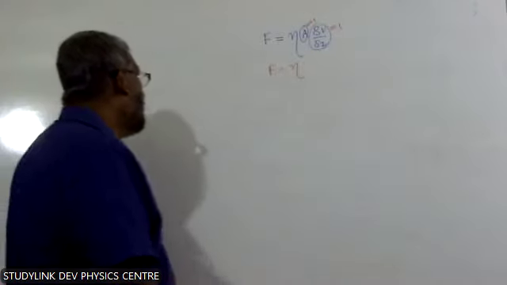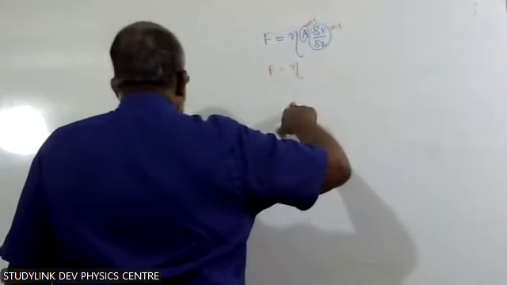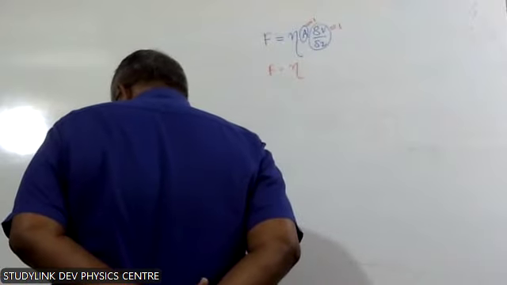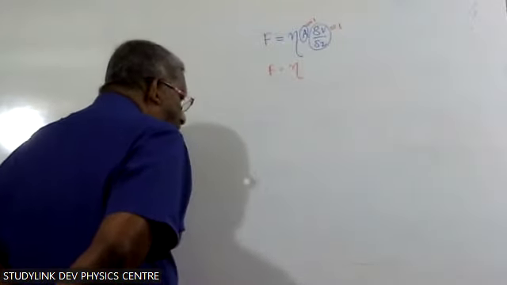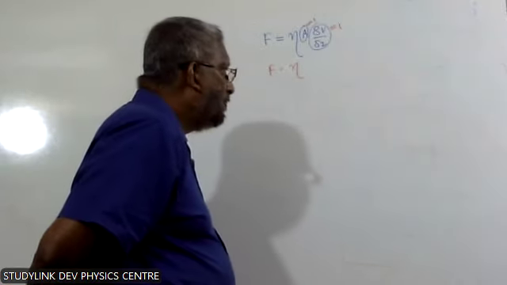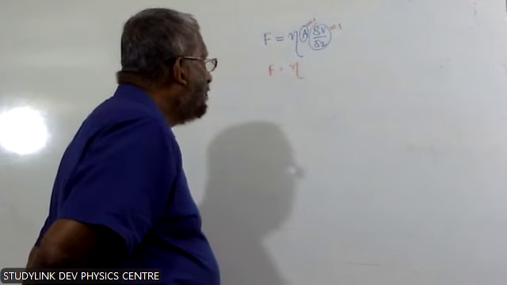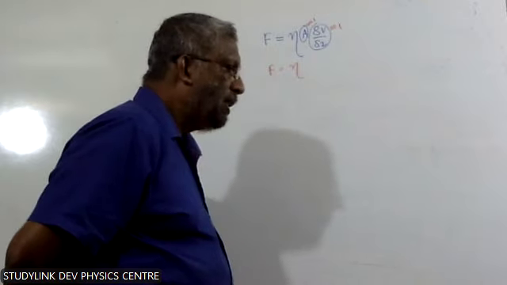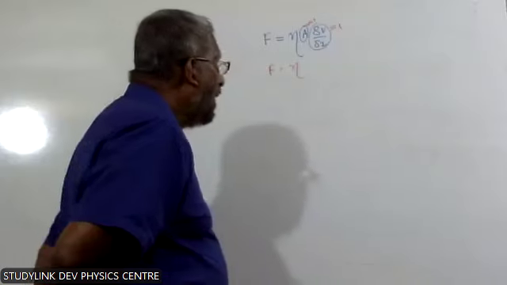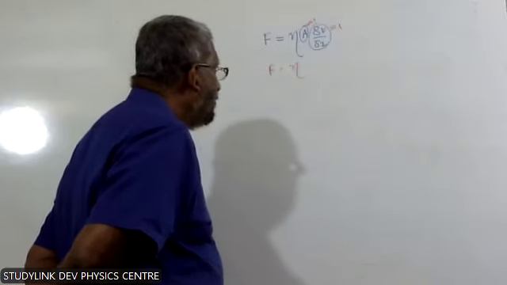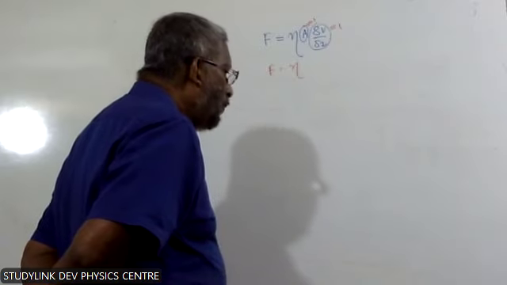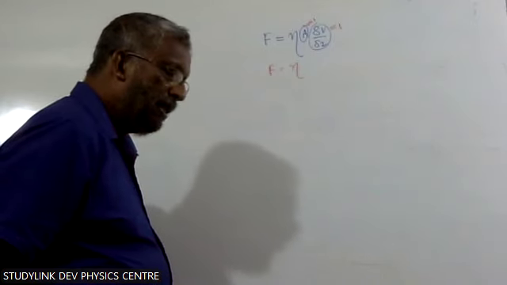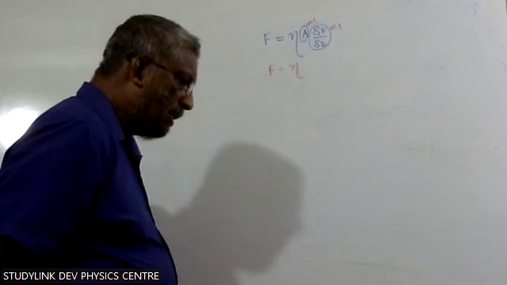Then definition, leave a line and write. When there are 2 flowing liquid layers as laminae having unit velocity gradient and unit overlapping area, then the force exerted, the viscous force, don't write the force exerted, right?